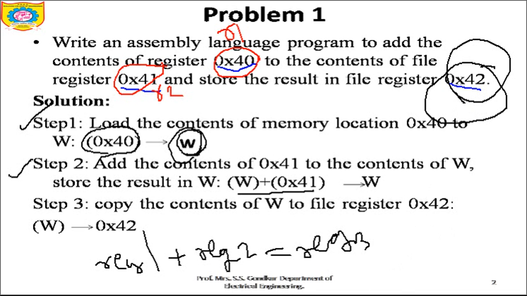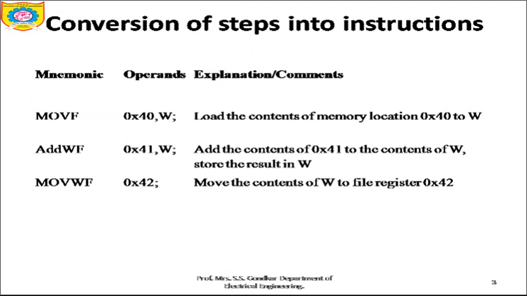Now we will see the program instructions which we have written. While writing a program, follow these steps. There should be a mnemonic, operand and an explanation or comments whenever you write the instructions.